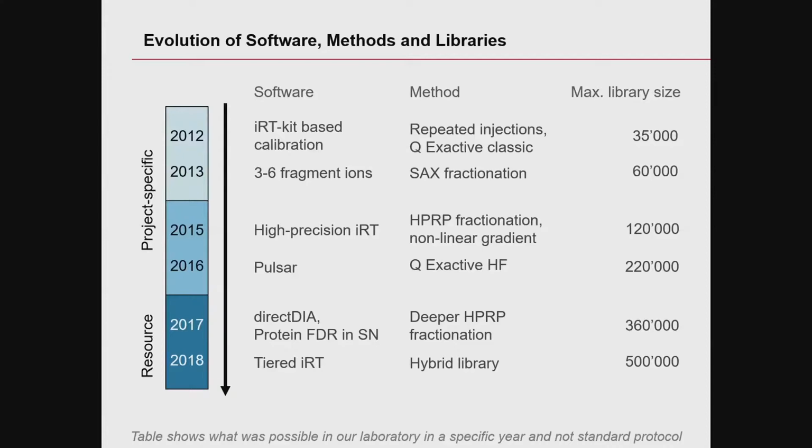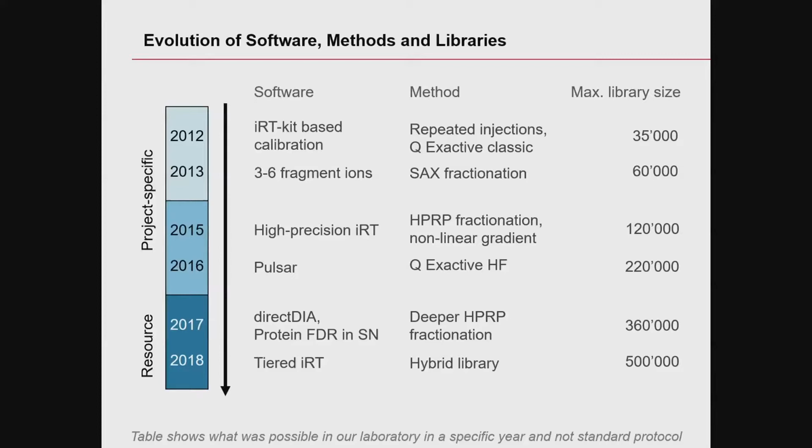Within the course of the time, we went on to developing this high precision iRT concept. We started to make deeper libraries with fractionation in this size. This started to work really well. In the beginning, we didn't see that, but then it really started to work well. Later on, we actually started to do deeper fractionation, so really deep libraries, and we could see that suddenly this also starts to work.